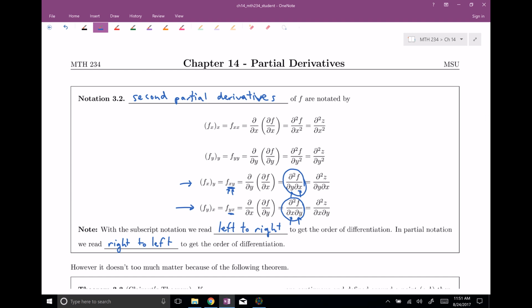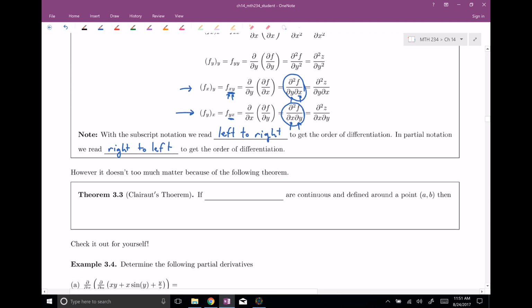Okay, however, the claim is this doesn't make so much of a difference thanks to Clairaut's theorem. So the claim is if these second order mixed partials, right?